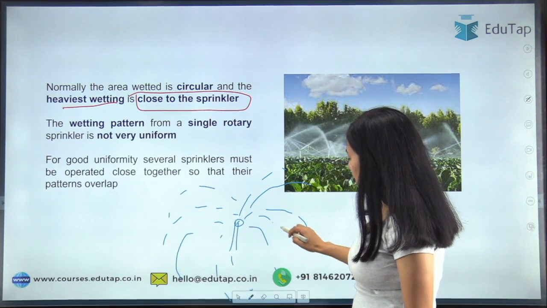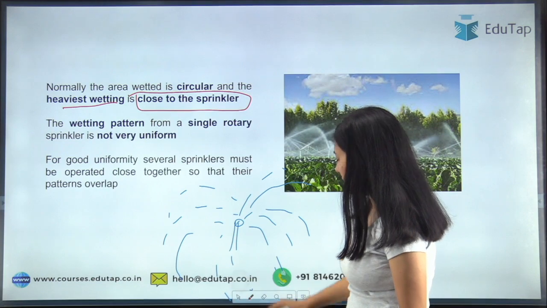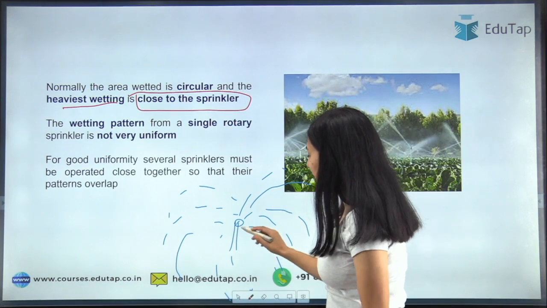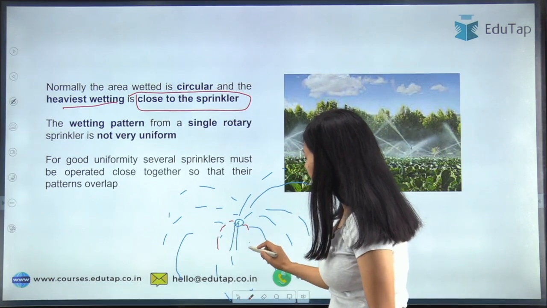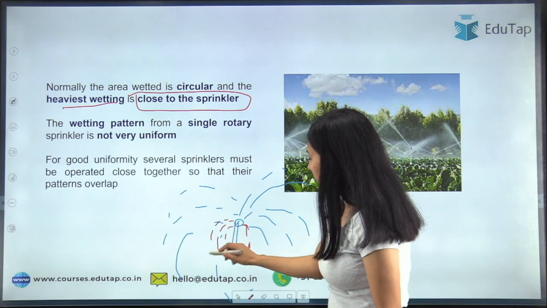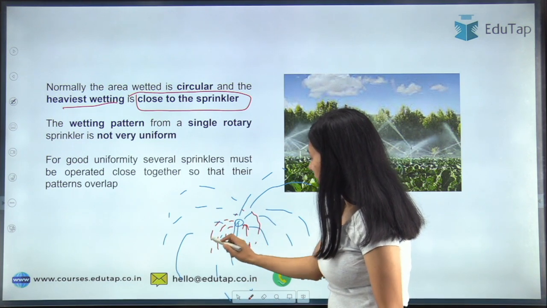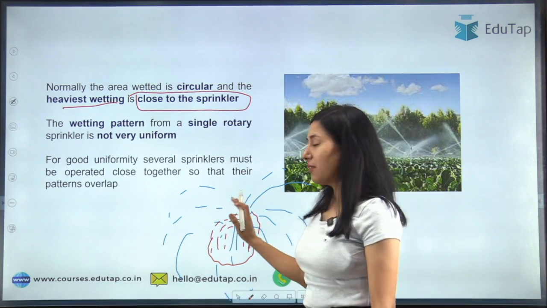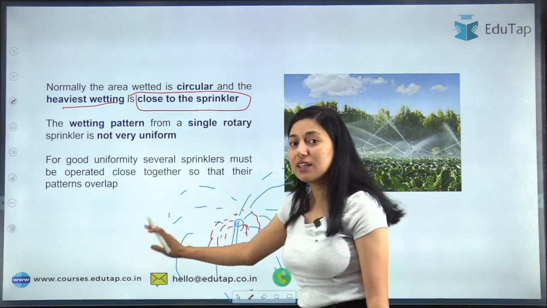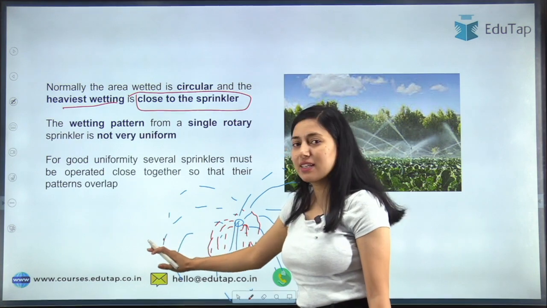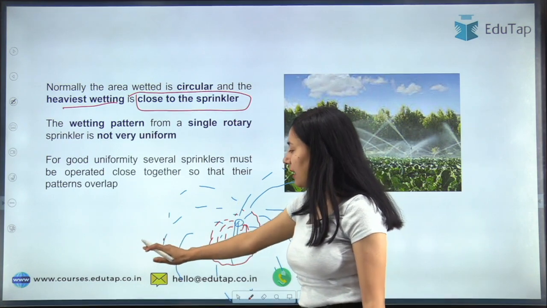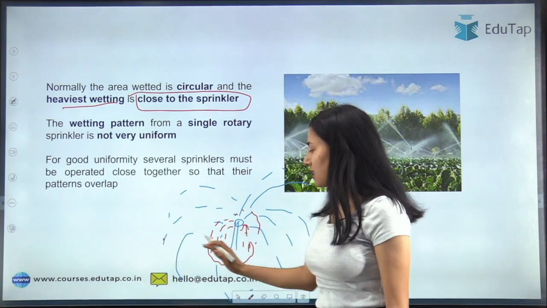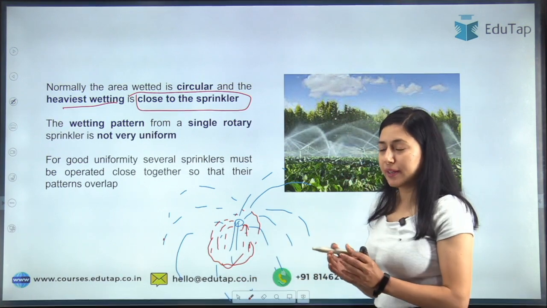So you can imagine that the heaviest wetting will be around the sprinkler, and the water going far from the sprinkler will be less. The areas far from the sprinkler receive less water as compared to around the sprinkler.